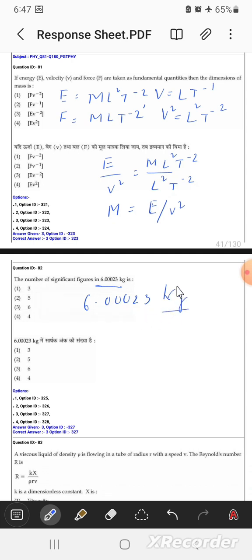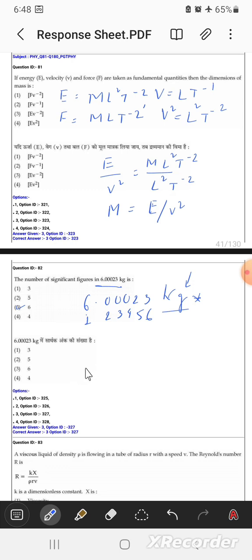In other videos we will discuss what will happen to significant figures if they provide us the number with a unit. It's a very important thing. So here it will be 1 2 3 4 5 6. Total number of significant figures will be 6.